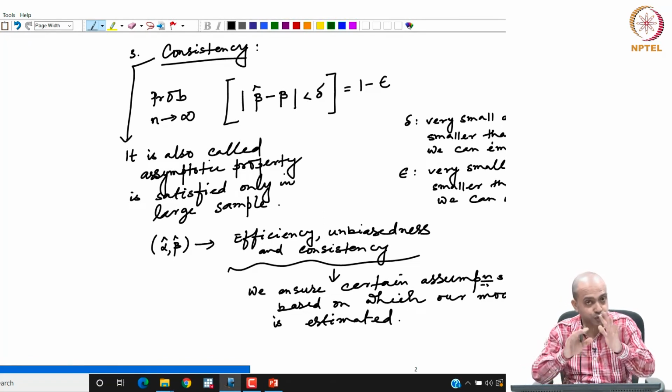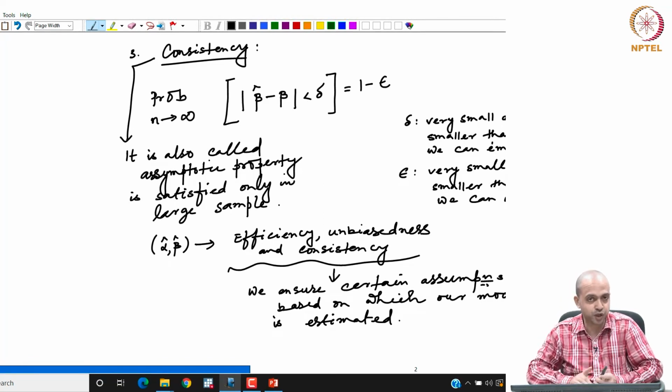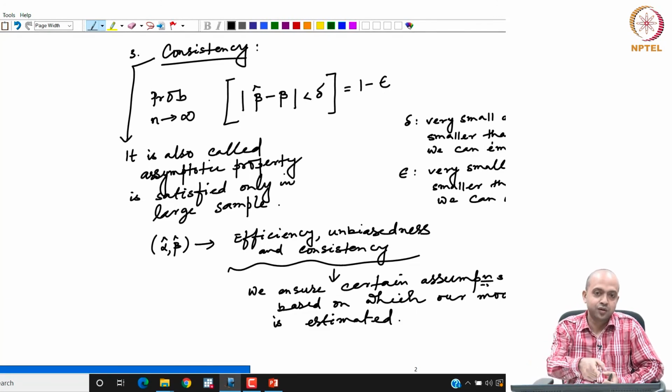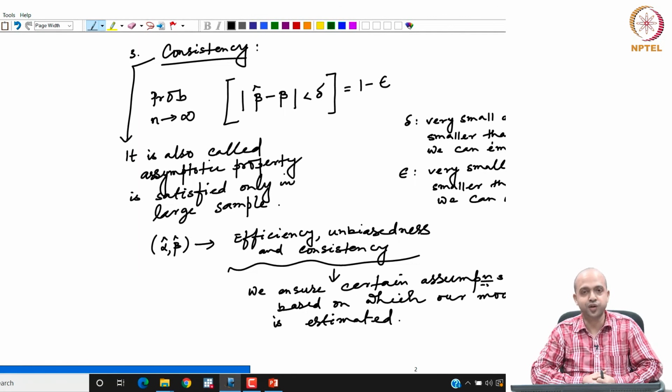But in reality, when we are collecting the data and estimating the model, it is quite likely that one or more of those assumptions are violated. And when the assumptions are violated, then one or more of the desirable properties of your estimates will also be violated.